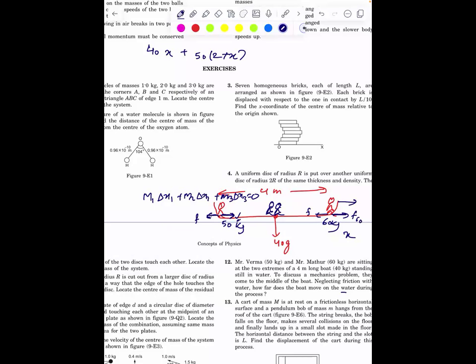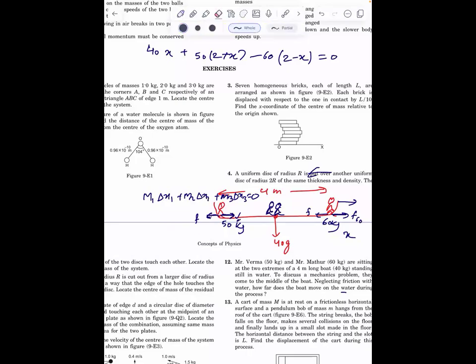And tell me, 60 kg has to move how much? So 2 minus x. If 60 is moving toward this, it will be opposite, like this, minus. Are you getting my point? What I'm writing: 2 minus x. Is it okay? Yes or no?